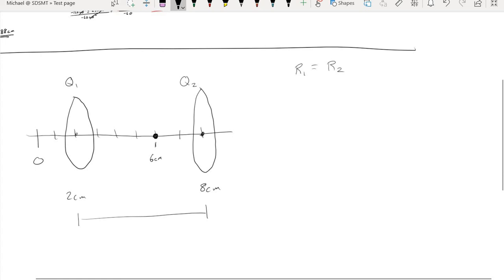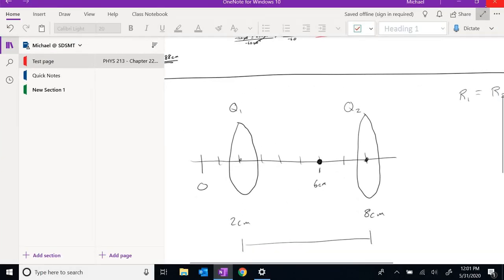we have, let's see here, I want to reduce the screen here just for a moment.